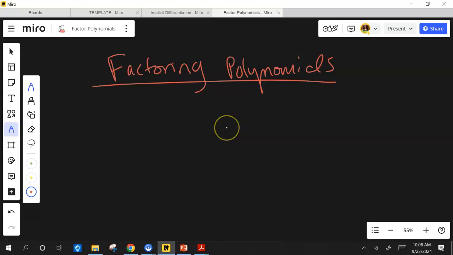Now take these values and use them to write the second parentheses. 4x squared. You have to square both of them. 4x squared. What goes in the middle? You square this one. Okay, well, what's the last one? 14x.